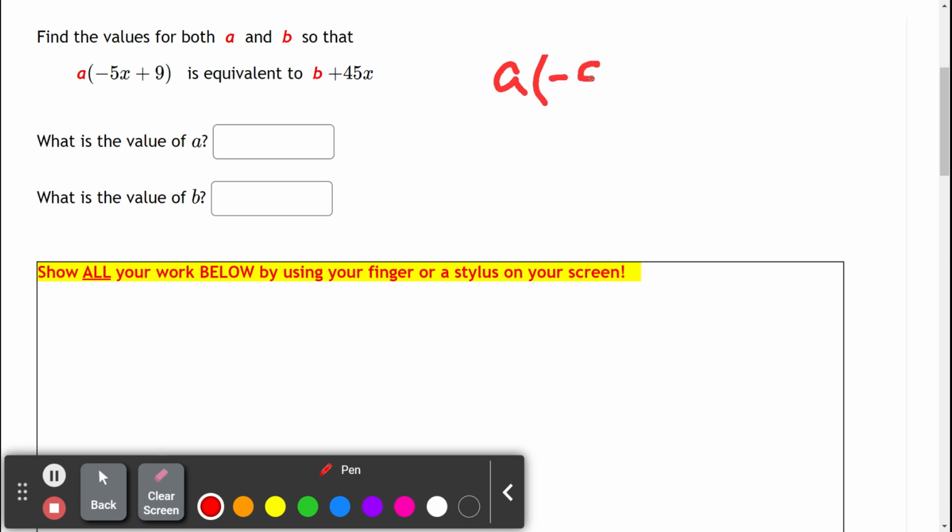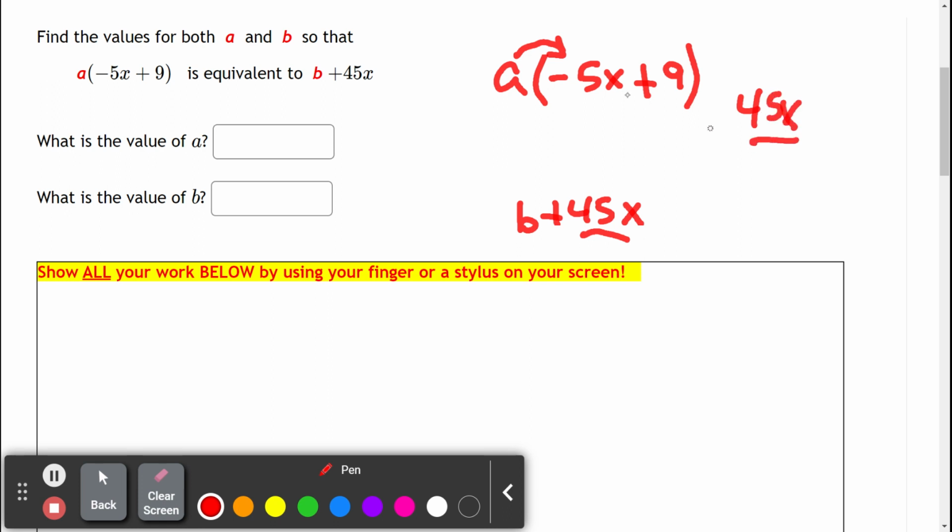Negative 5x plus 9, and then we have b plus 45x. So we see that when I multiply these two together, I'm going to get 45x. So what's 45 divided by negative 5? See, if I take 45x divided by this negative 5x, that is negative 9.